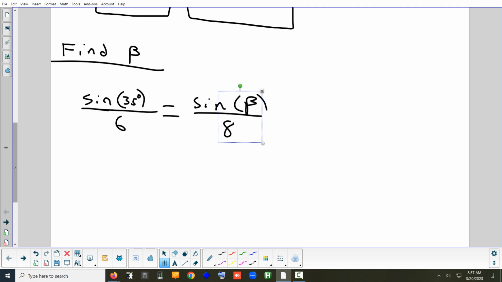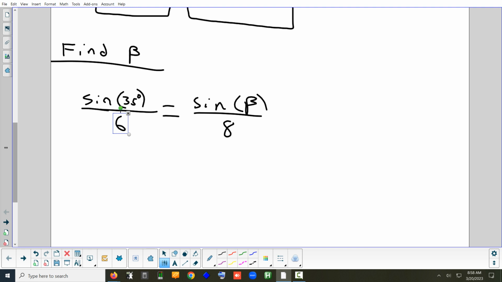And yes, if you wanted, you could reduce 8 over 6 to 4 over 3. But what's really the point? Because we're just going to type it in on the calculator. And whether you press an 8 and a 6 or a 4 and a 3, doesn't really make that much of a difference. Okay, so now we have sine beta by itself.